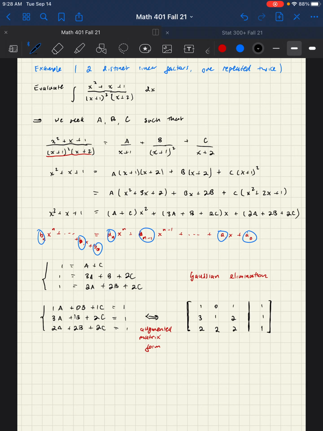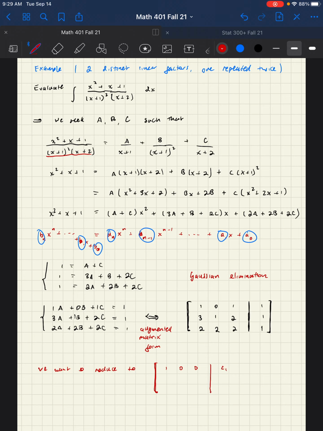Okay, so the point is this: we want to reduce the matrix to something that looks like this. Okay, we want a 1 to be the leading coefficient in that first row, followed by 0 and a 0, and then some number over here.